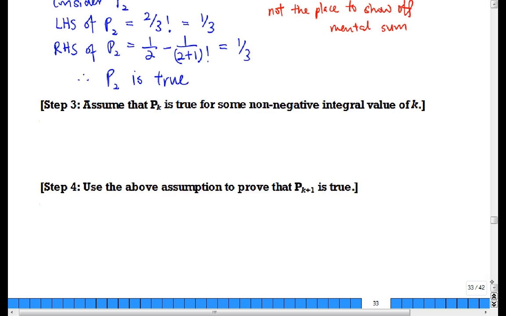For some value of K. So in this example, we assume PK is true for some K. Now, can I highlight this word some? I'm not assuming PK is true for all, just for a particular K. In the middle of the dominoes, I assume some K.